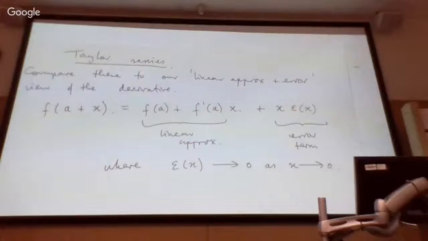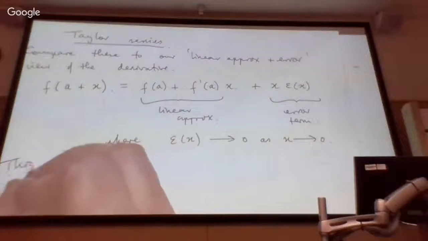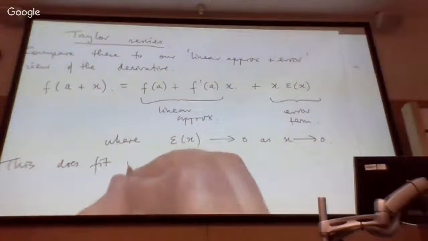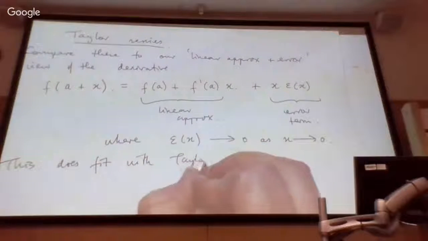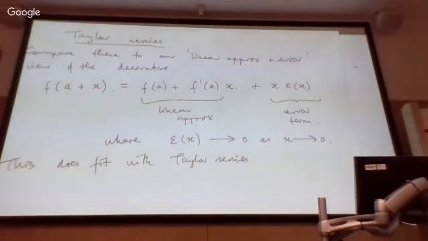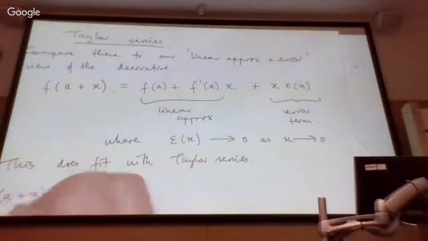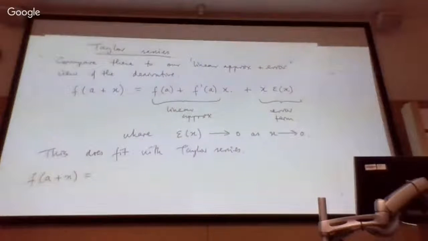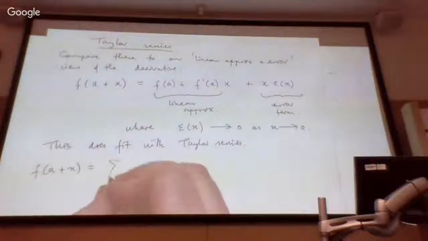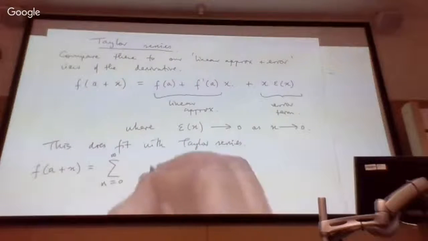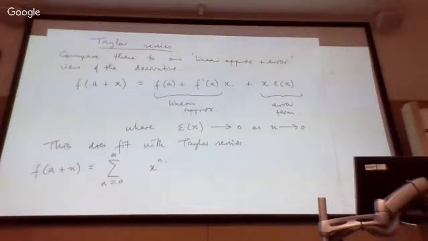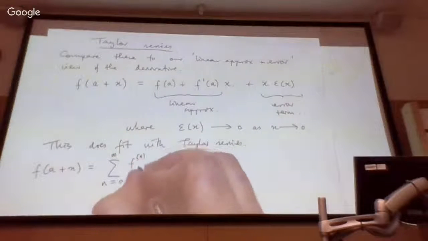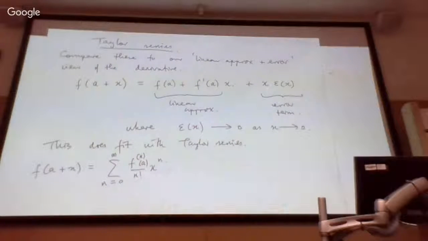So that's a reminder of this linear approximation plus error view of the derivative. And this does fit with Taylor series. Because if you apply the Taylor series formula to f of a plus x, taking it from the notes, it's this infinite polynomial in the variable x, and the coefficients are the nth derivative of f evaluated at a divided by n factorial.